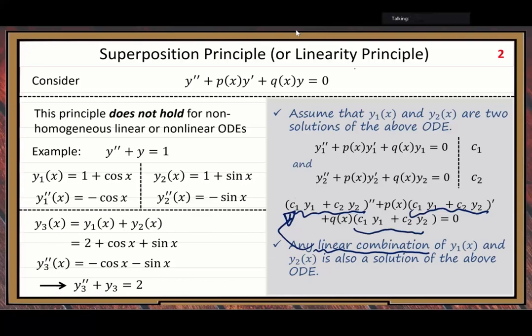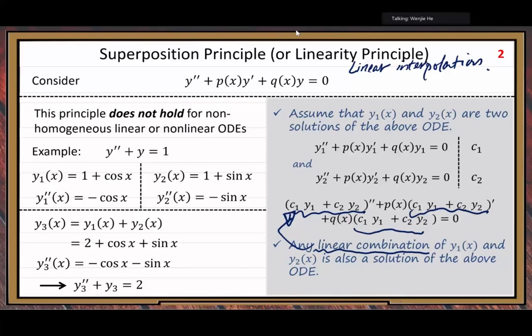Linear interpolation concept. Another interesting concept. So what's that? Let me explain. What do you mean by linear interpolation?